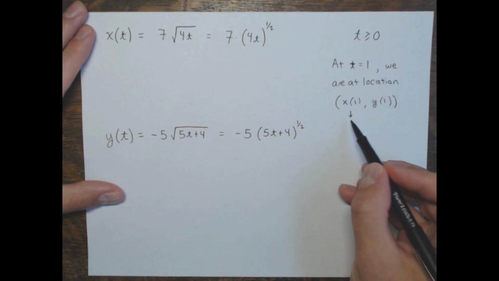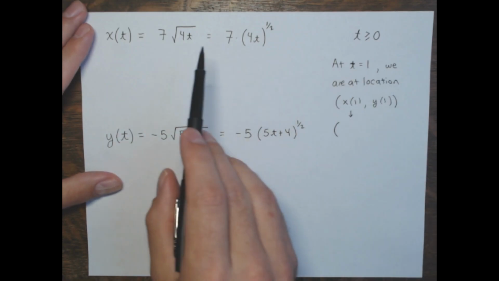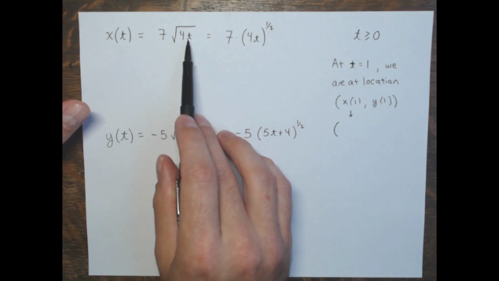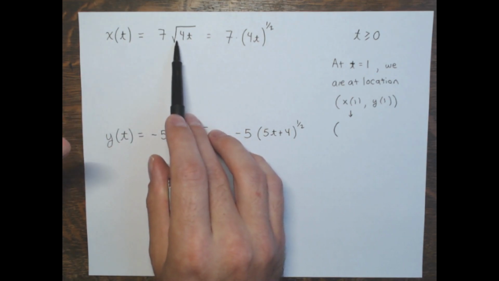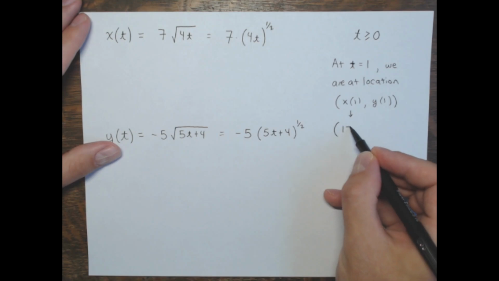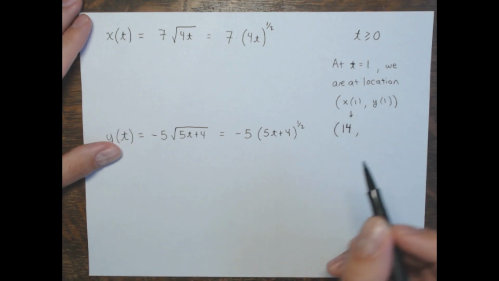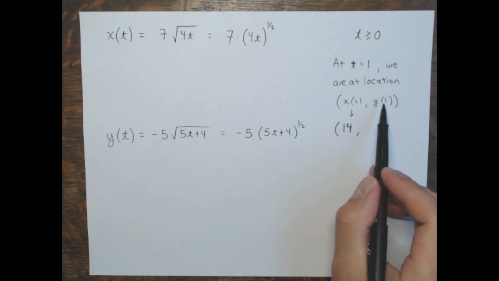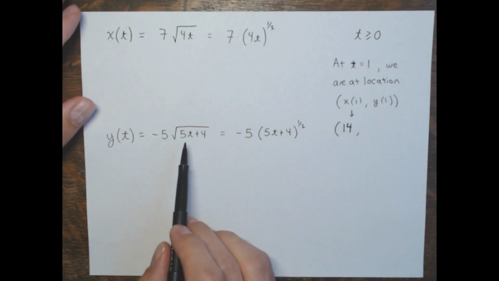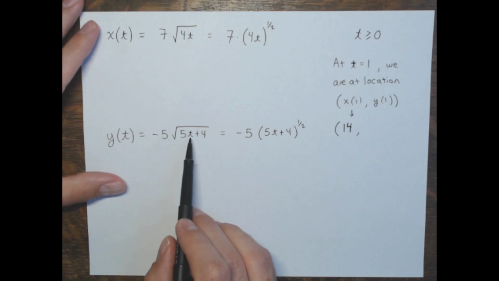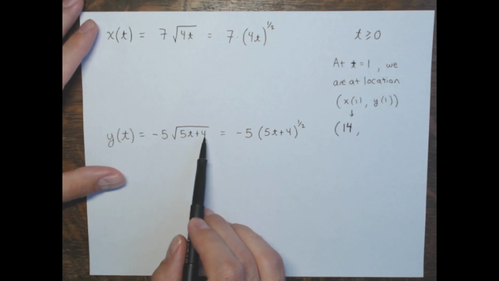Now the x-coordinate when t equals 1, I'm just going to say this: 4 times 1 is 4. The positive, non-negative principal square root of 4 is 2. 7 times 2 is 14. So you're at 14 for the x-coordinate. And the y-coordinate when t equals 1, going into the y equation, again, 5 times 1 is 5, plus 4 is 9.